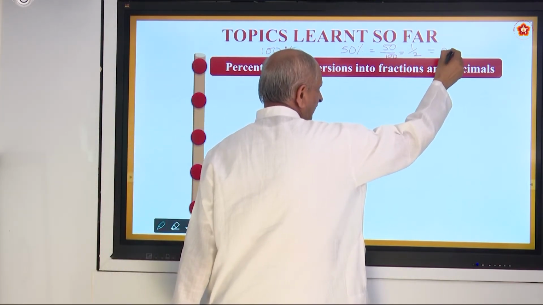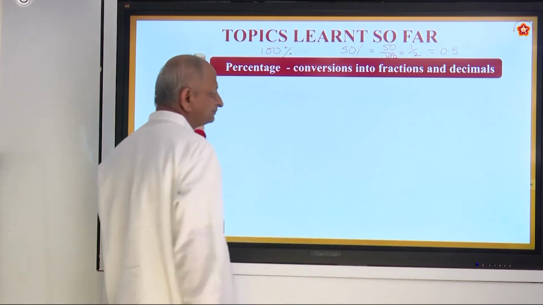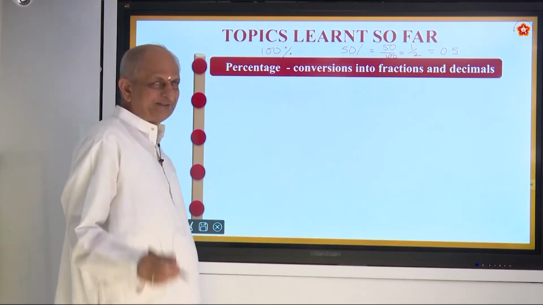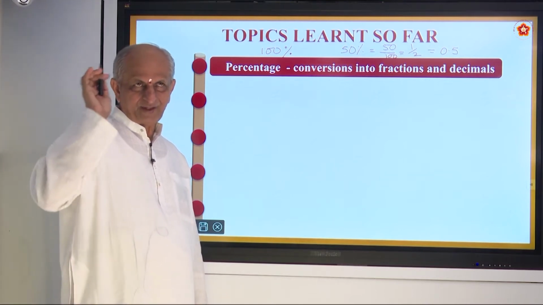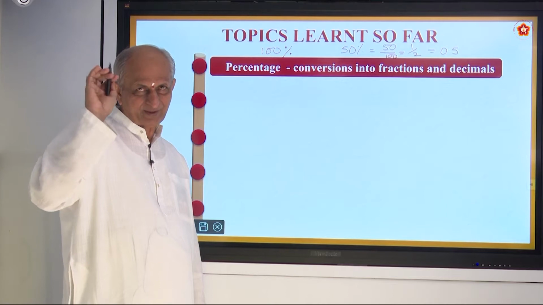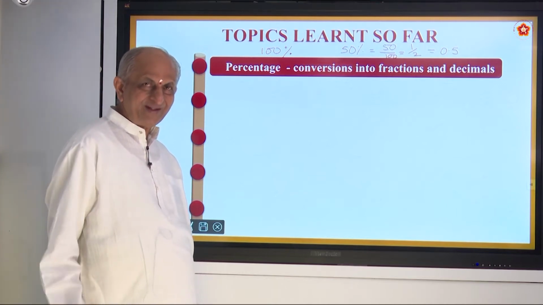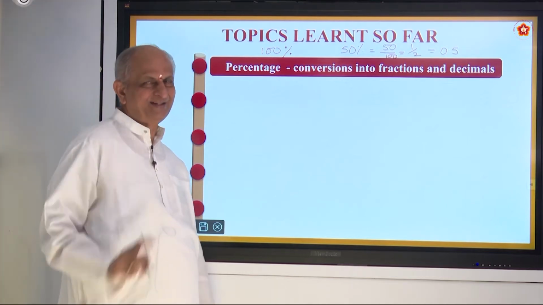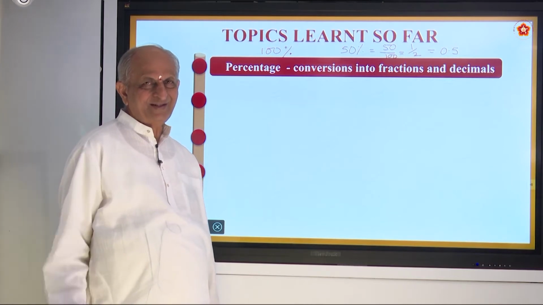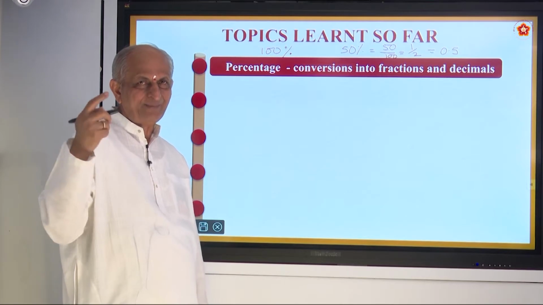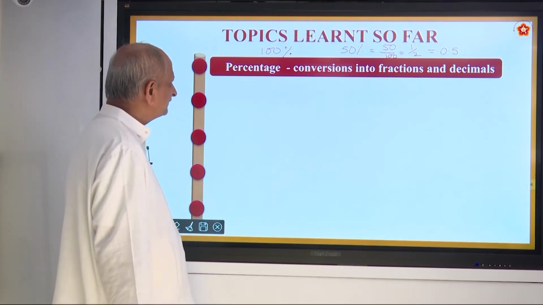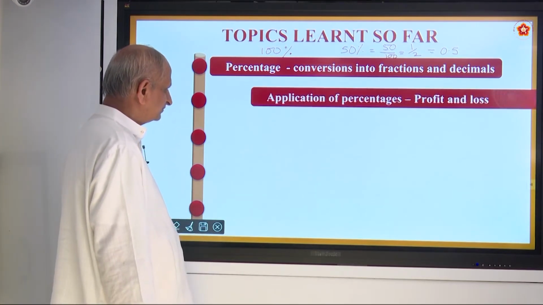You get 0.5. So percentage into fraction means divide by 100. Percentage into decimal means divide by 100. Suppose you are given a fraction, then multiply by 100. If you are given a decimal, multiply by 100. Okay, that's already you have seen.